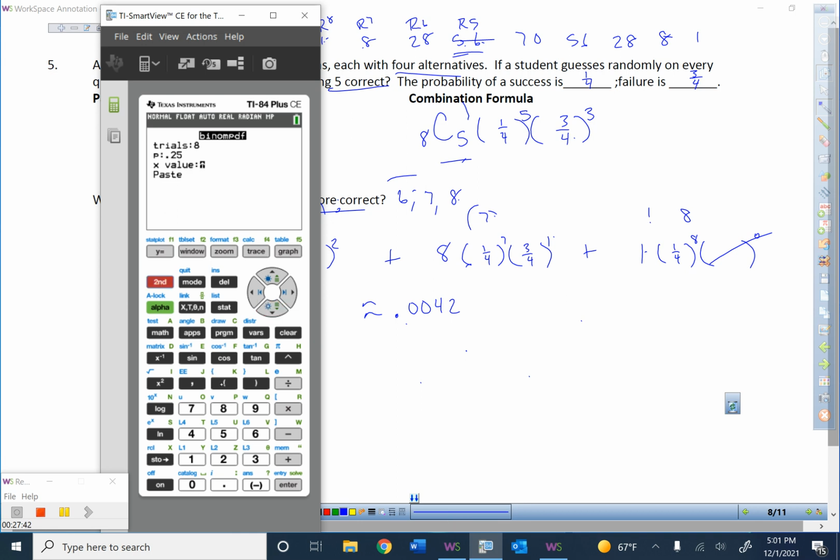Hit second parenthesis and list them. 6, comma, 7, comma, 8, and then close your parenthesis. After that, you hit enter until something pops up. This is how you were typing it with your commas if you didn't see that screen.